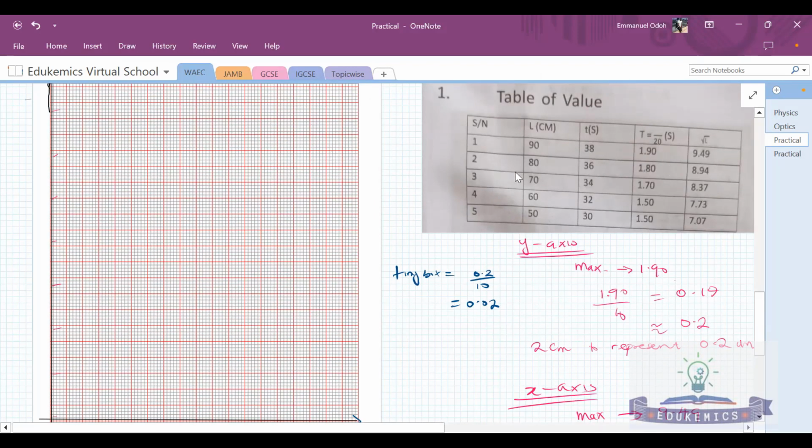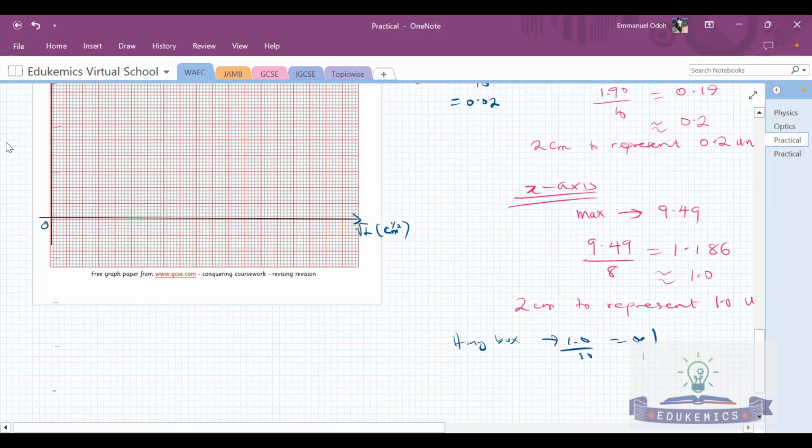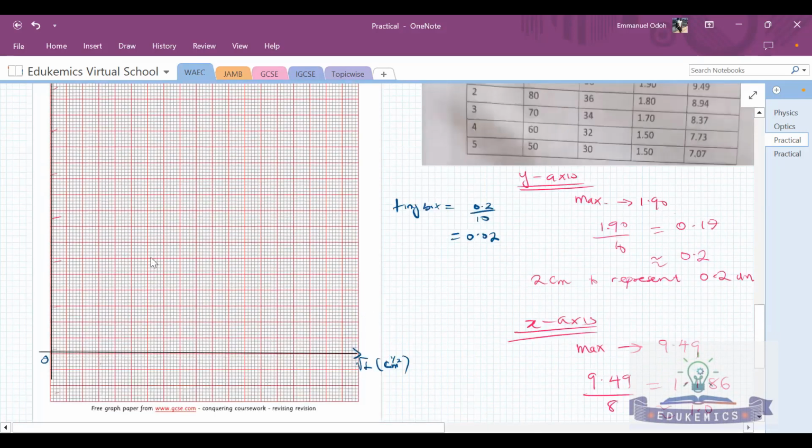Now you have 1.90. It's easier to locate 1.90 on the t-axis. So let's label. Let's use our scale. Since our scale is 2 centimeters to 0.2 unit, we are starting here.